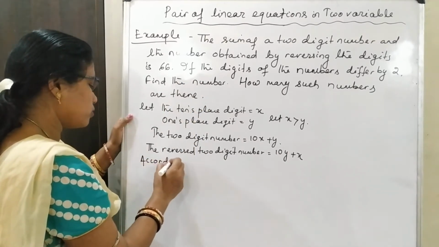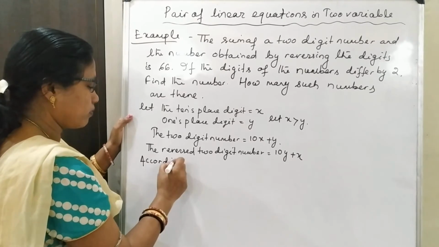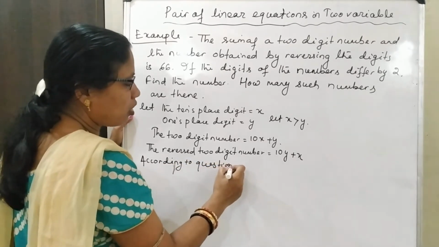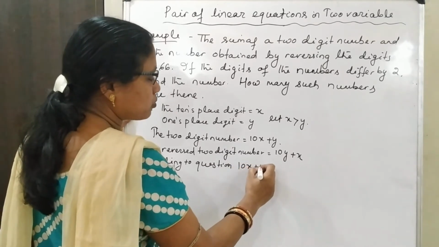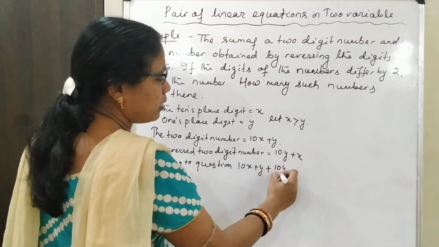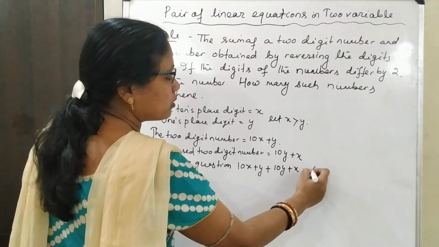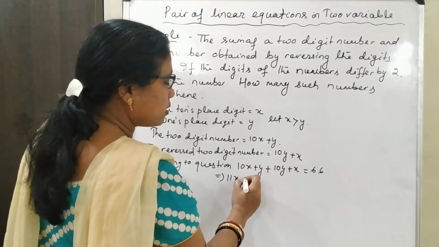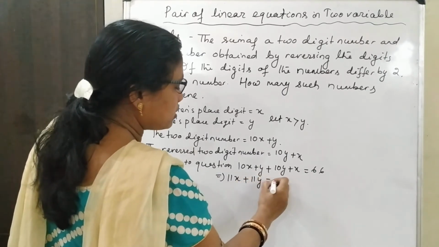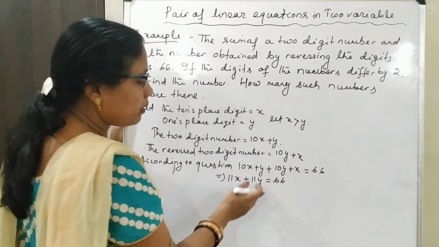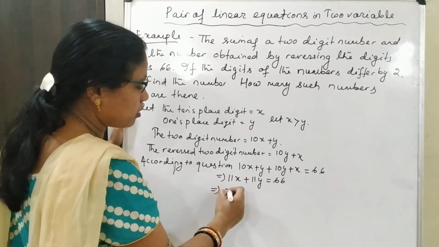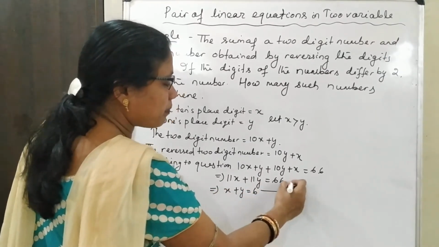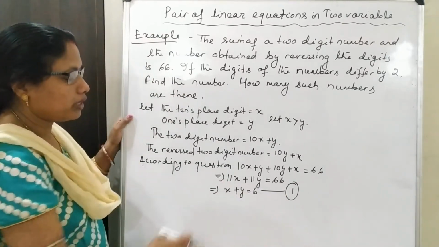So their sum, that means 10x plus y plus 10y plus x is equal to 66. So this implies 11x plus 11y is equal to 66. If we simplify this, this becomes x plus y is equal to 6. So this is our first linear equation in two variables.